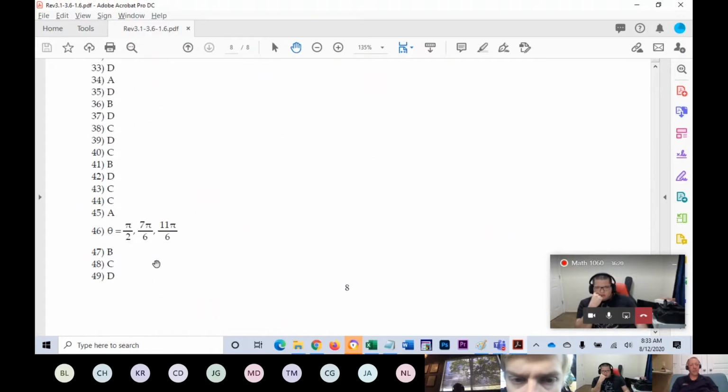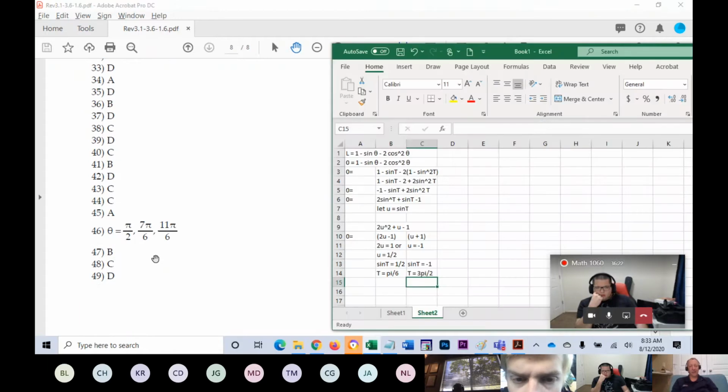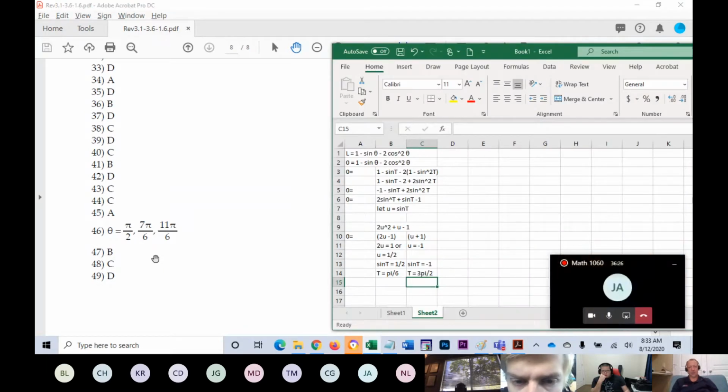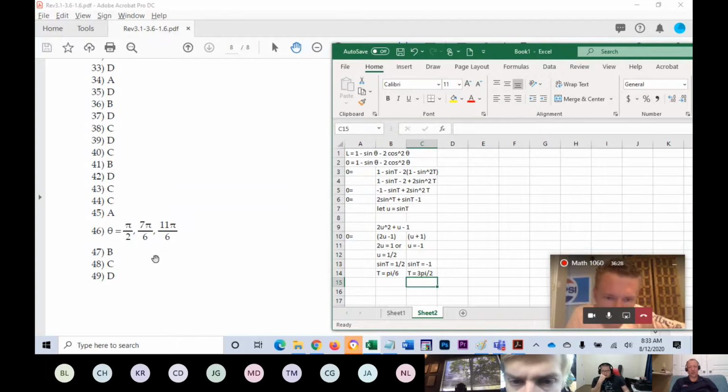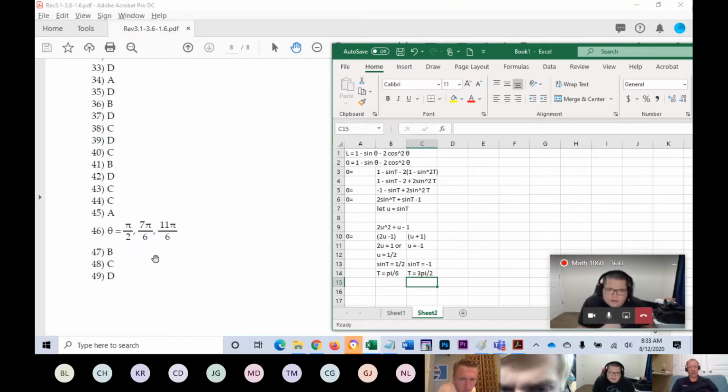Yeah, but those are the only ones, right? How'd they get 3 in there? Isn't it negative 1/2 and positive 1 for the solutions? Yeah, it'd be negative 1/2. But I mean, did I factor it wrong?